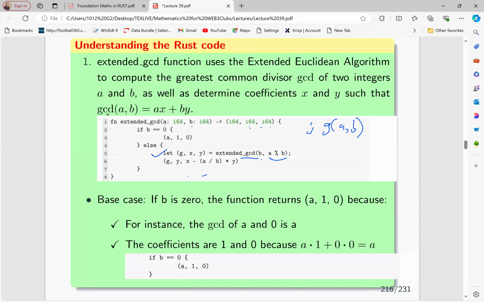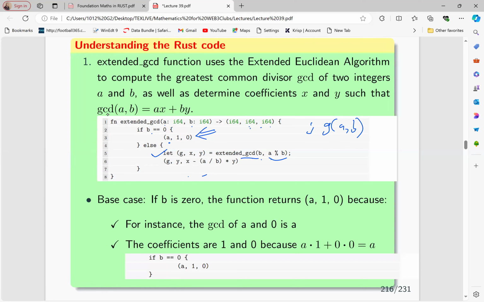Yes. That's the first thing that happens. And this process continues until B becomes 0. When B becomes 0, you go back here. And it has told you that when B is 0, then the GCD becomes A.